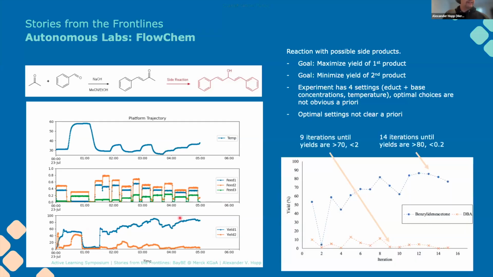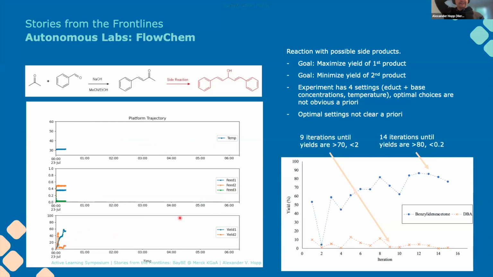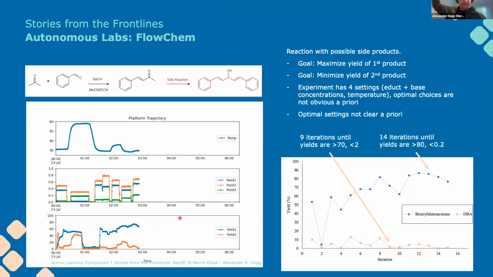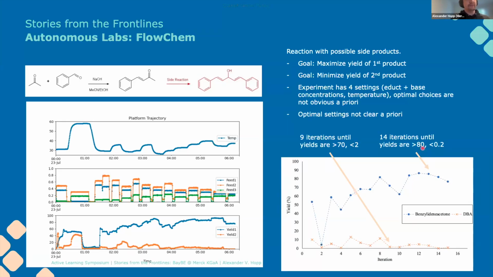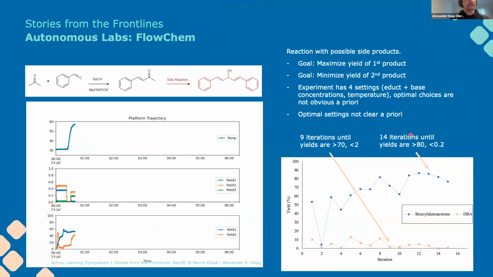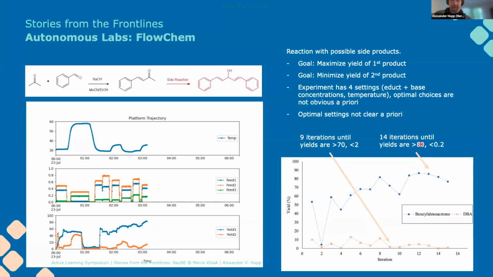If you analyze this data in a little bit more detail, you can see that it only took 9 iterations until the yields are above 70% of what's possible and less than 2% for the first, respectively second product. And if you wait a little bit more, if you go to 14 iterations, the yields are actually larger than 80 and less than 0.2.